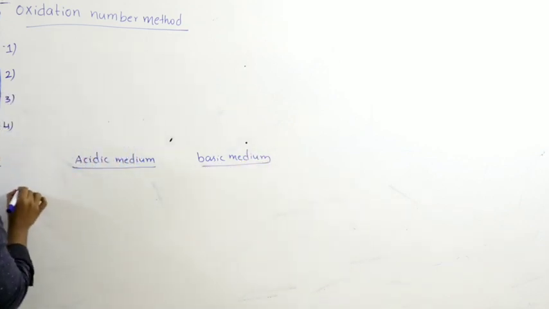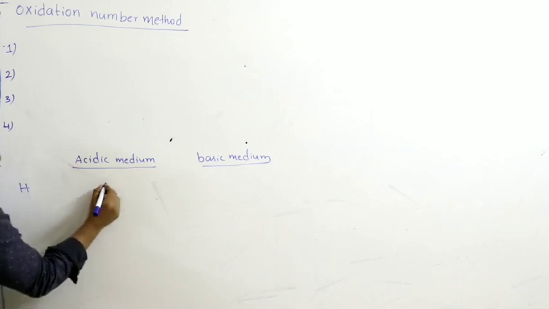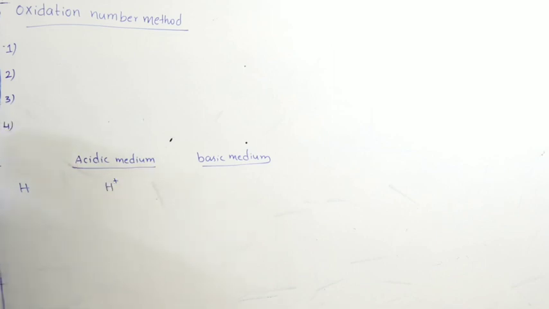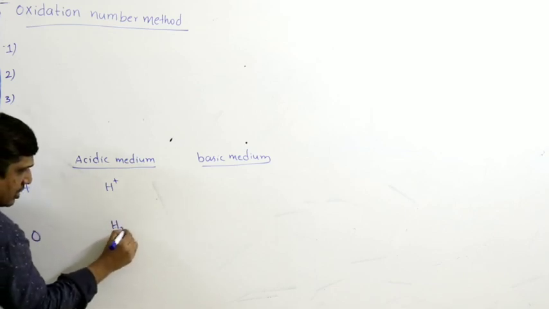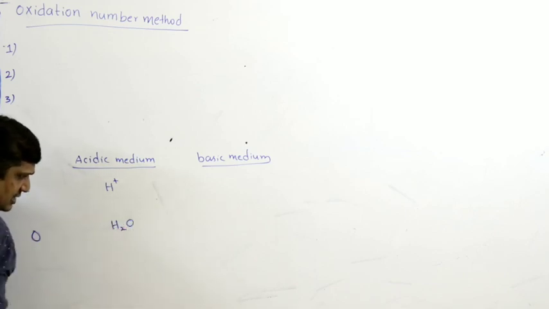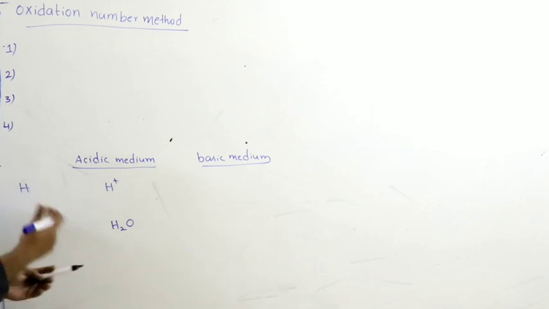Now to balance hydrogen in acidic medium, add H plus ions wherever necessary as much as required. To balance oxygen in acidic medium, add water wherever necessary as much as needed. You can repeat these steps a number of times.